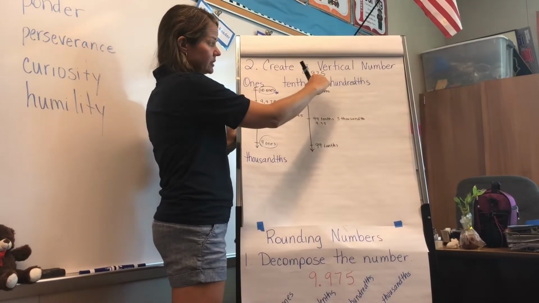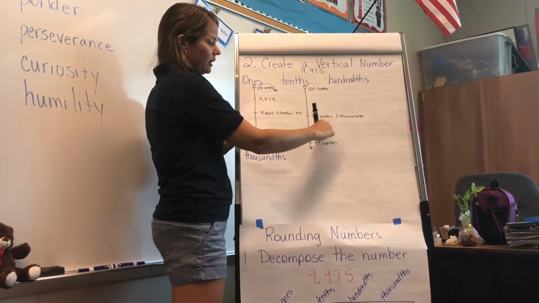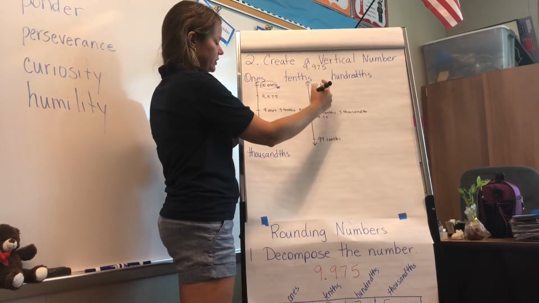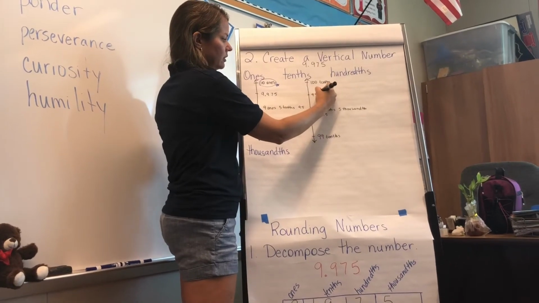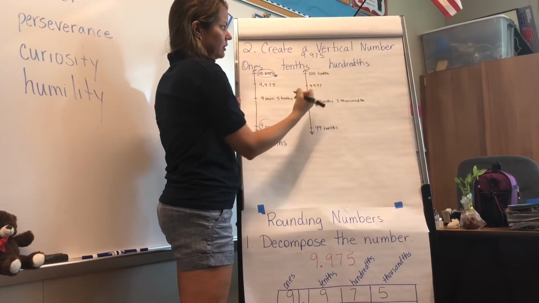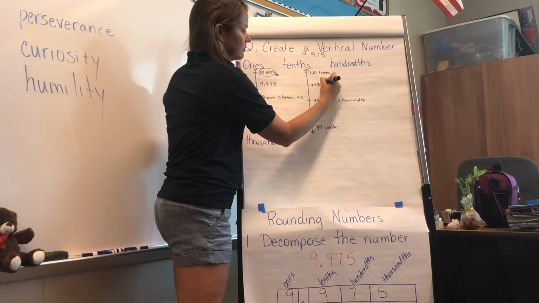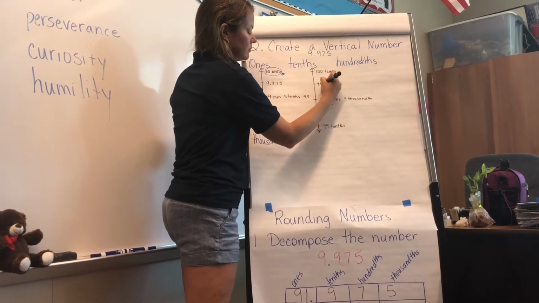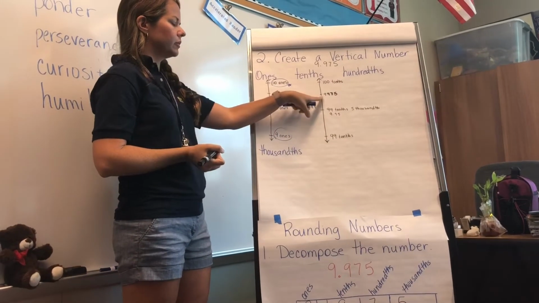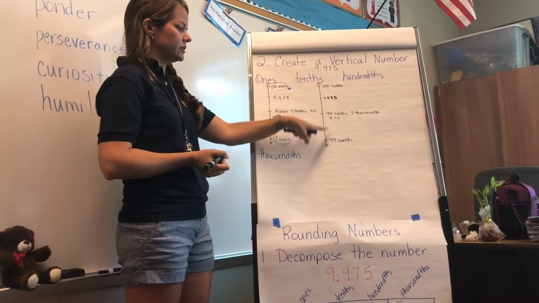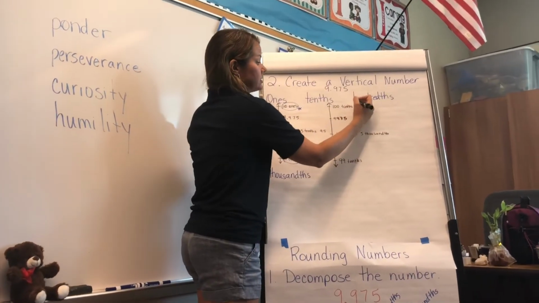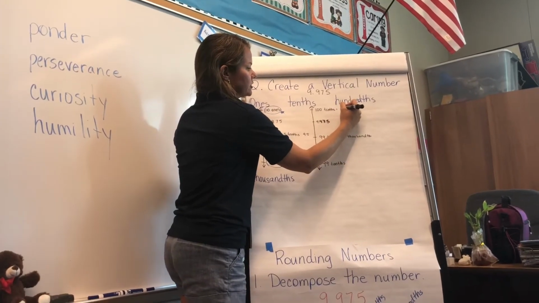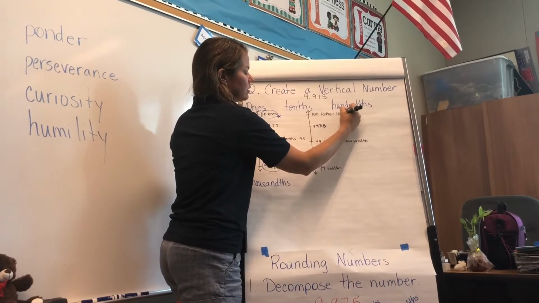I have 9 ones, 9 tenths, 7, and a 5, so it's going to go in between. Is that going to be closer to 100 tenths or 99 tenths? It's going to be closer to 100 tenths, which is also equal to 10 whole.